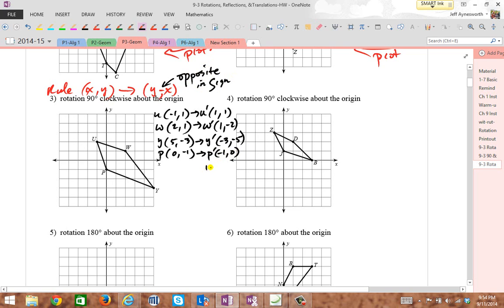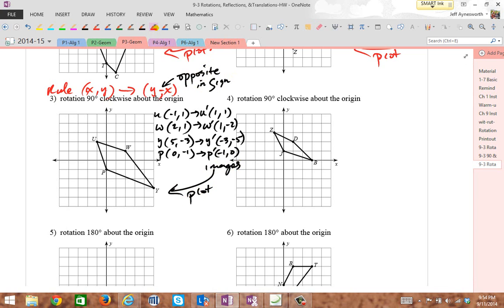So then you take these images as you did before and you plot them, right? So let's go ahead and do that in red. So U prime is right here. W prime is 1, negative 2, so down here. Negative 3, negative 5, way down here at Y prime. And then negative 1, 0, that's P prime right here. No, excuse me, that's not it. What am I thinking?